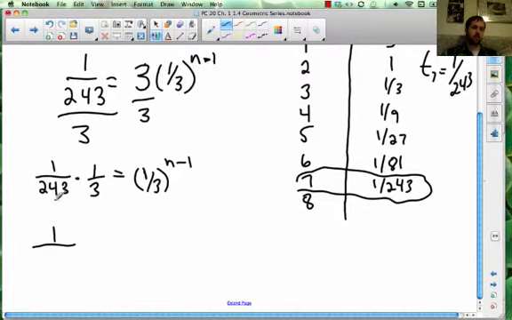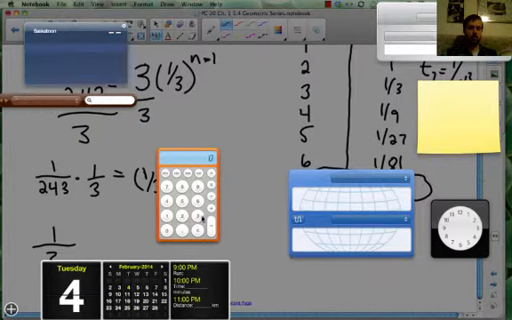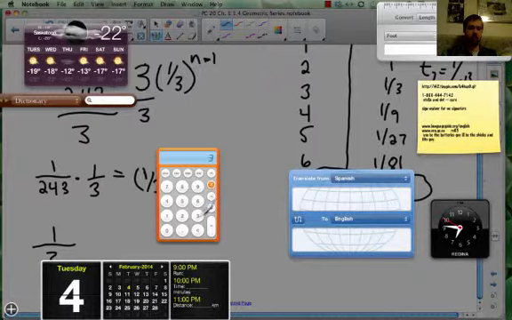243 we can rewrite as 3 to the power of what? Well, let's see. 3 times 3 equals 9 times 3, 27, so that's third power, that's fourth power, that's fifth power right there.